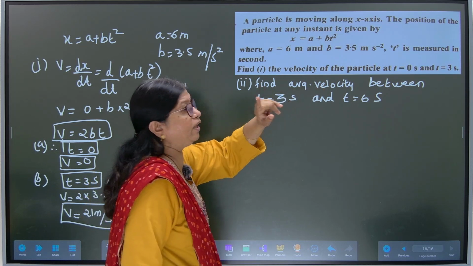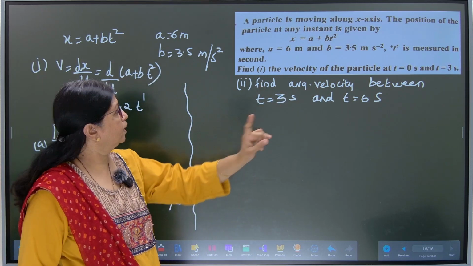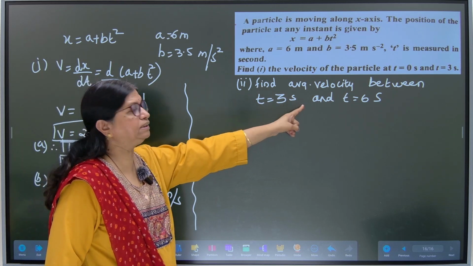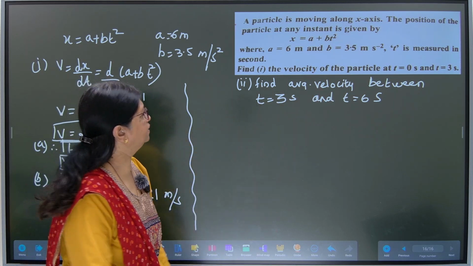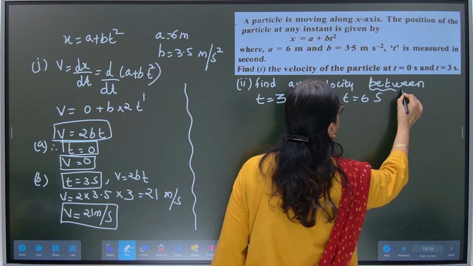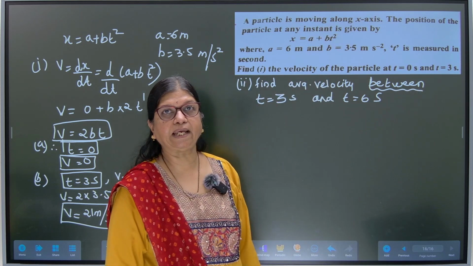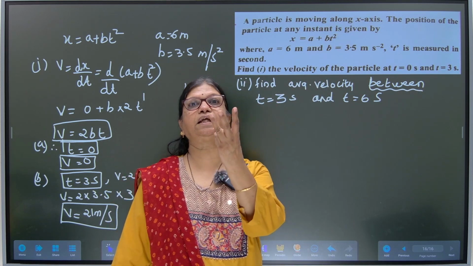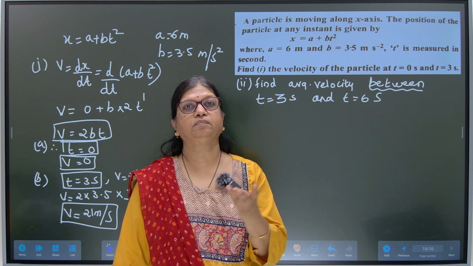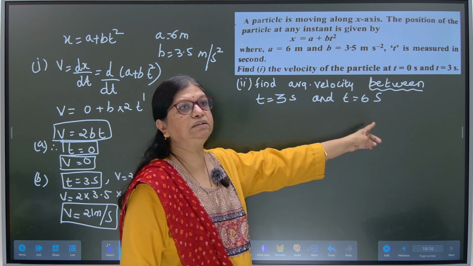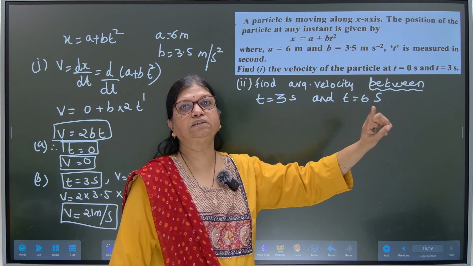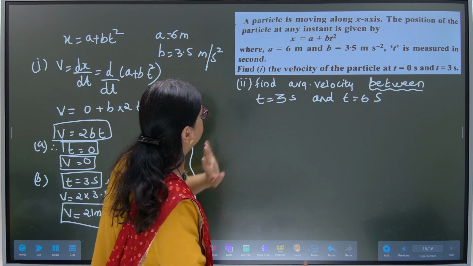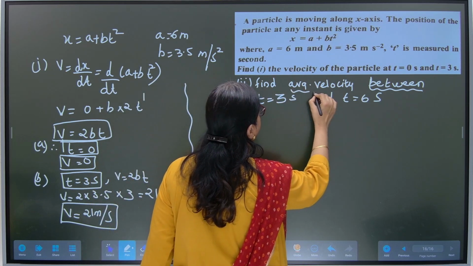Find average velocity between t is equal to 3 seconds and t is equal to 6 seconds. What is the meaning of the word between? What is the time spent? 6 minus 3, 3 seconds.